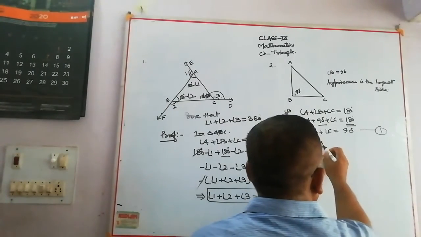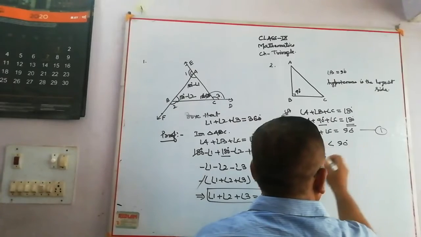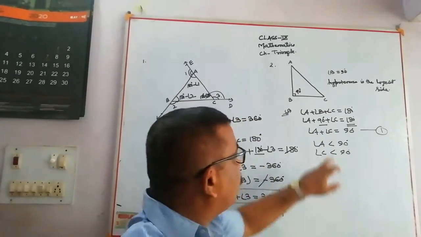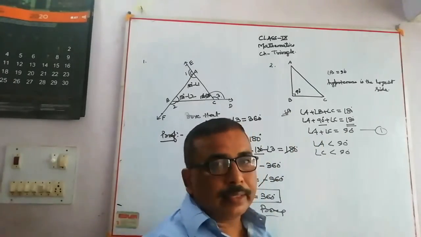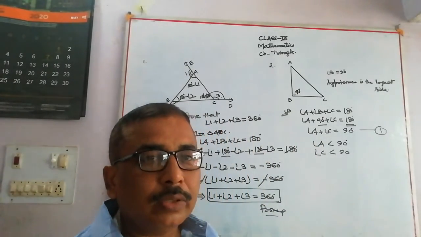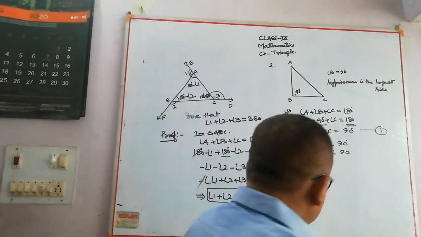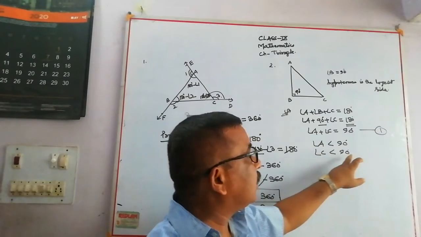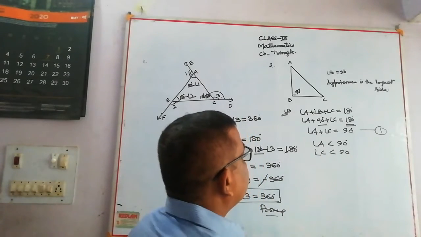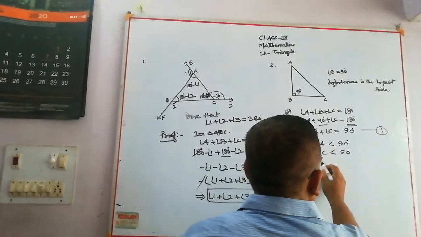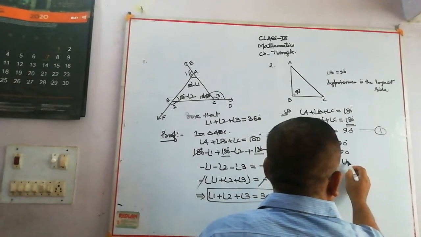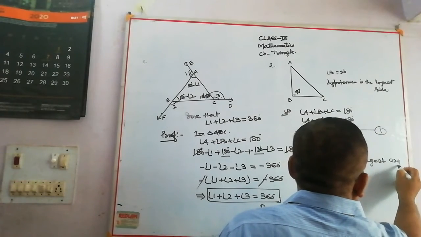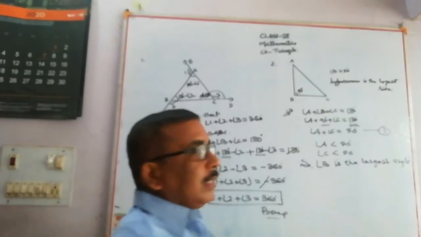Angle A is less than 90 degree and angle C is less than 90 degree. Why? The sum of A plus C is 90 degree. So angle B is the largest angle.